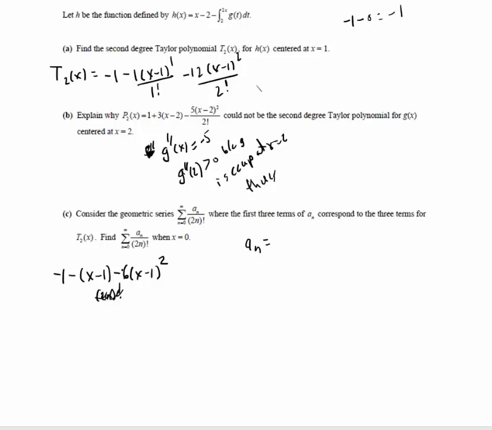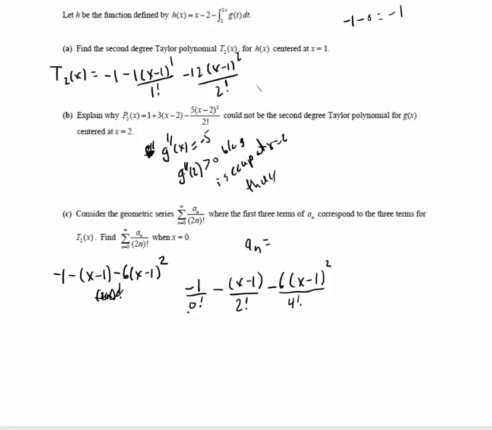Well, let's go ahead and separate it out because the first term is when n is 0. So in that case, you get -1 over 2 times 0, which is 0 factorial. And then the second term is x minus 1. When I plug in n is 1, this 2n factorial becomes 2 factorial. And then minus 6(x minus 1) squared, plug in n is 2, that gives you 4 factorial there.